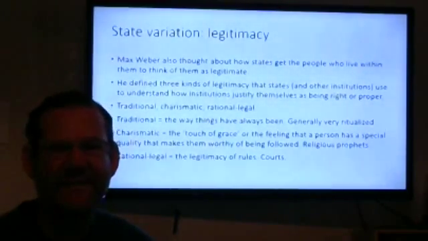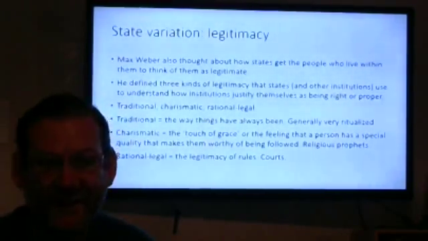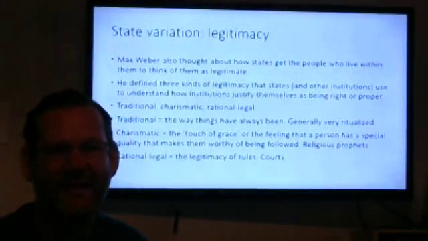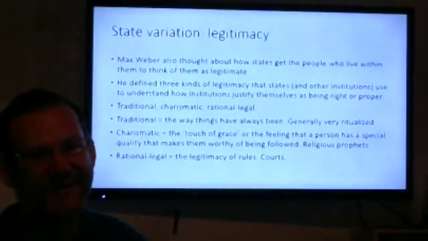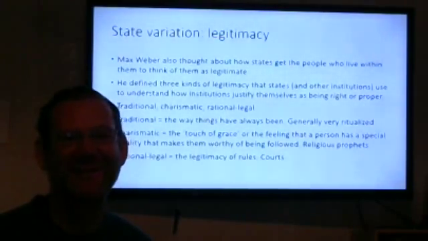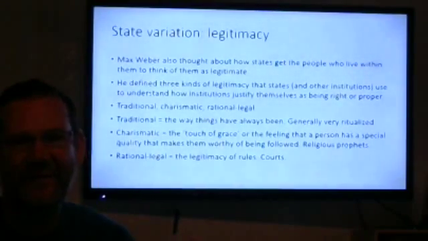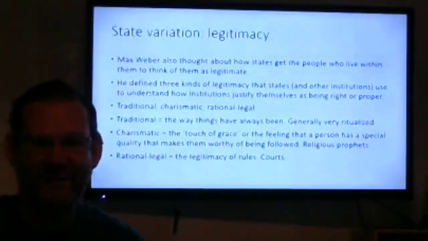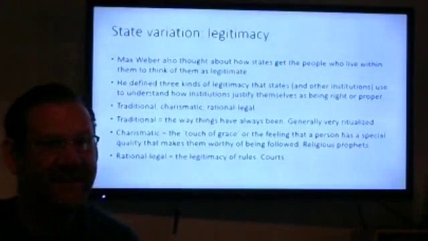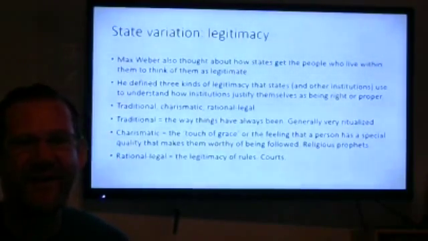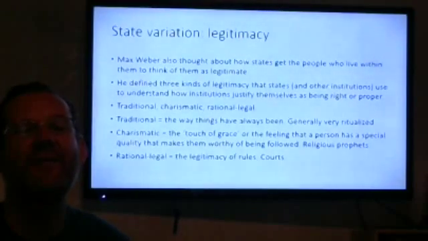Charismatic legitimacy is the power of personality, right? Think Barack Obama certainly had some charismatic legitimacy, at least when he first got elected. Maybe people are a little over it now. That's up to you. But wow, when he was first elected, there was this real sense of the power of his personality and how it moved people, okay? Max Weber calls this the gift of grace.